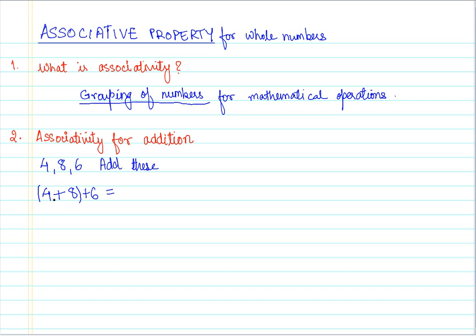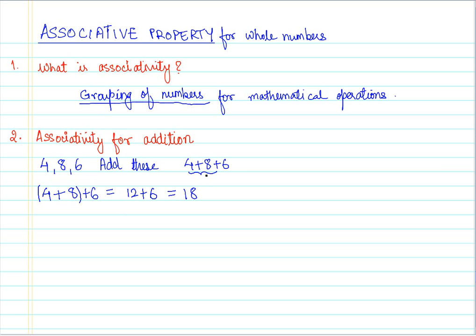So what are we doing? We are doing the addition on the left hand side first, then we move. What happens when I add 4 plus 8? It amounts to 12, and then I add the remaining 6 to it, and the answer is 18. Our original addition was 4 plus 8 plus 6, and I first grouped these two.